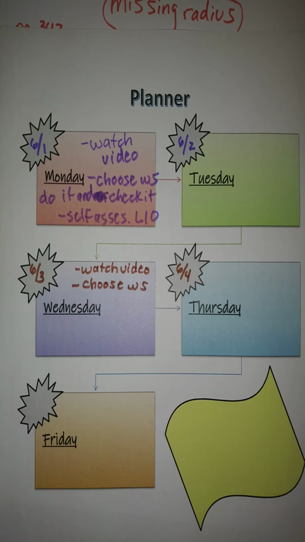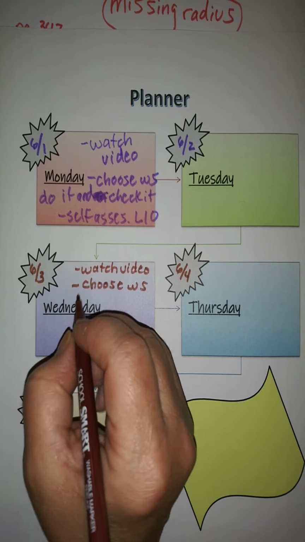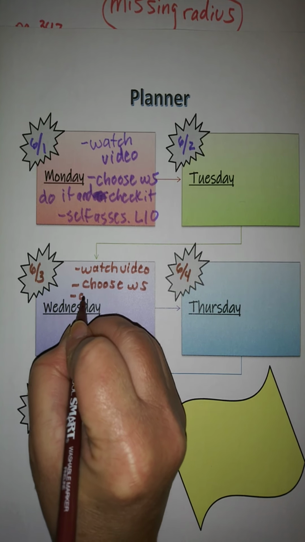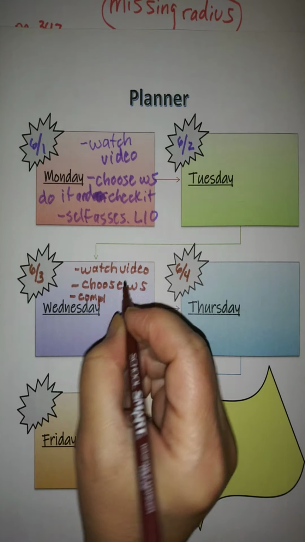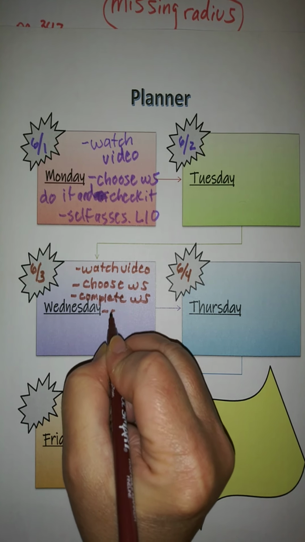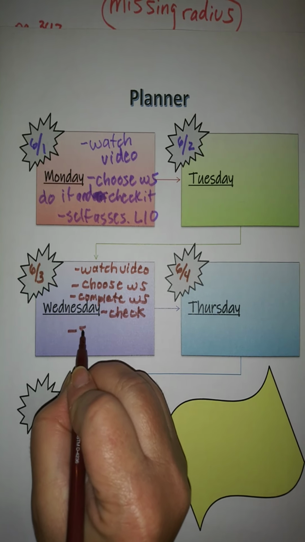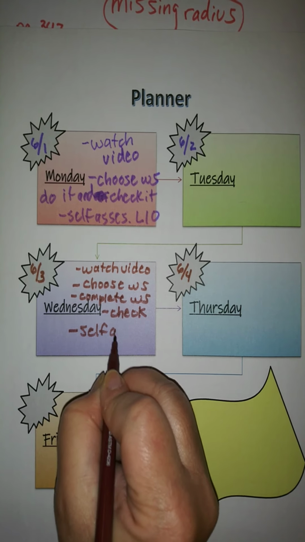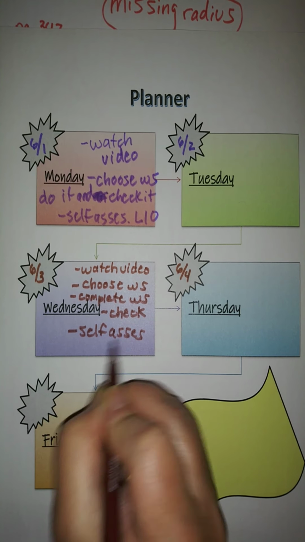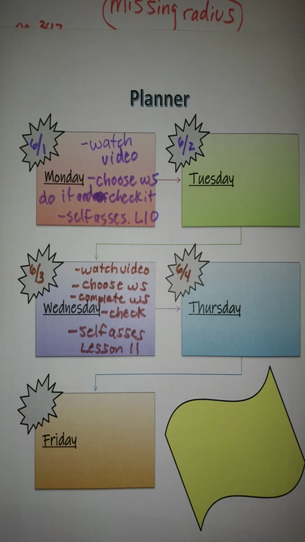I want 3rd and 4th hour to do the last one listed. I have it specifically labeled volume work. And I have it labeled 3rd and 4th hour. And then you're going to complete the worksheet. Okay, check the worksheet. Remember, the key is always included. And then the last thing I want you to do is the self-assessment. And that's for lesson 11.